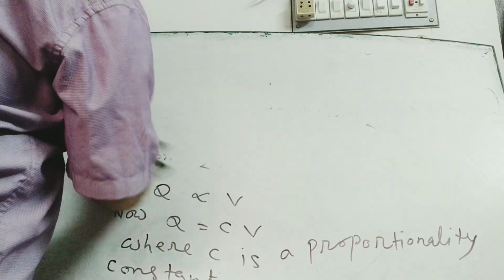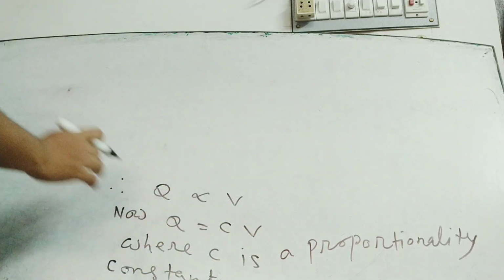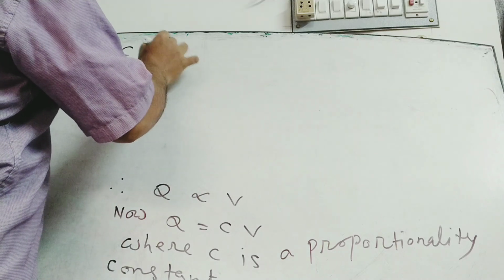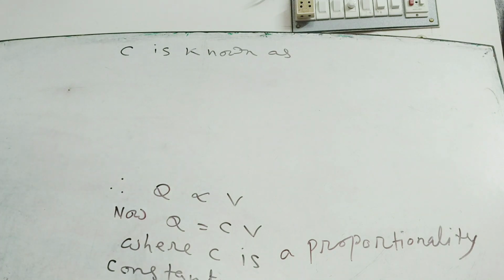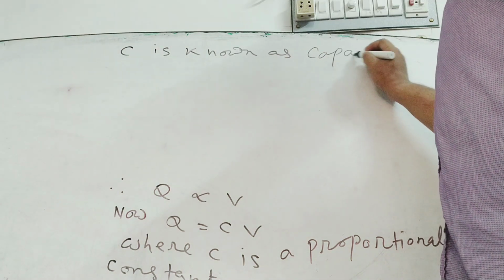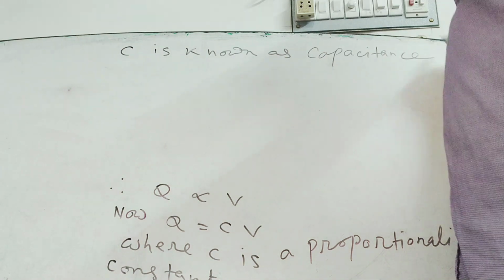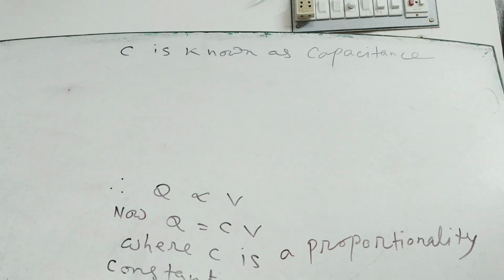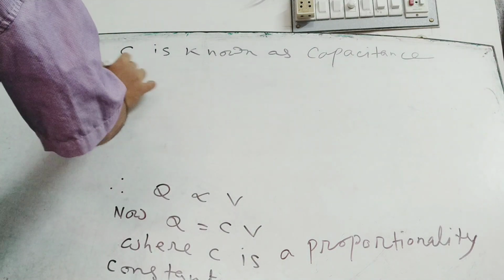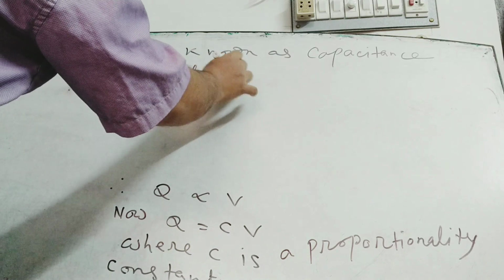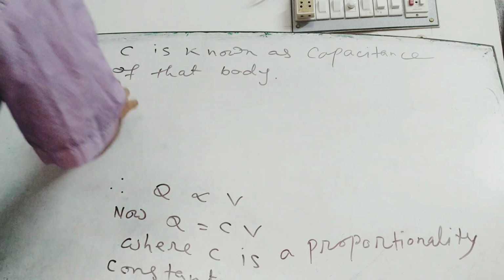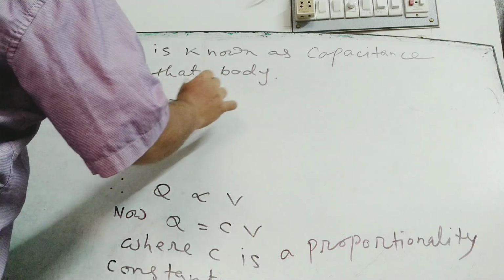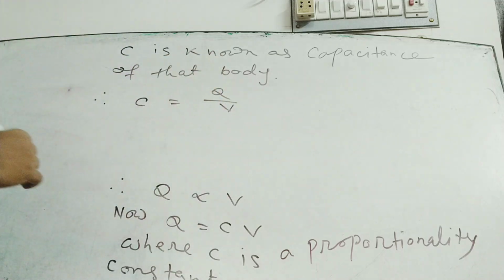C is known as the capacitance of that body. Therefore, we can write C is equal to Q by V.